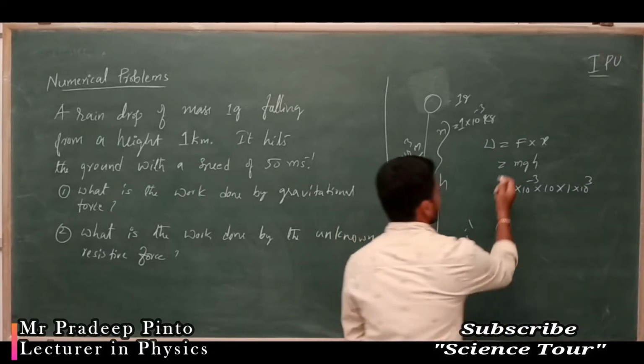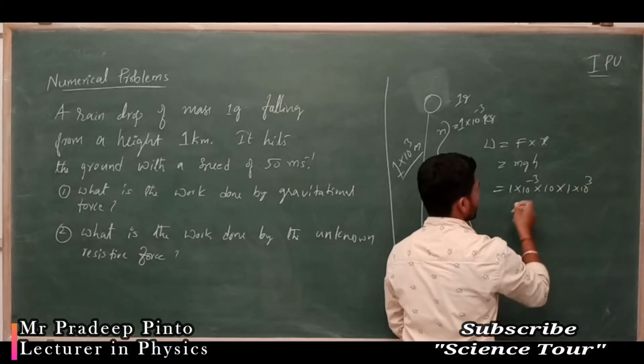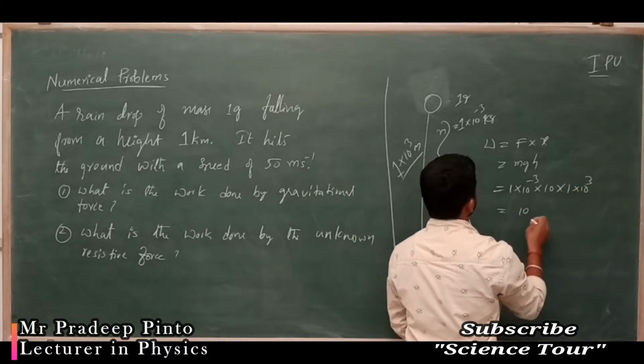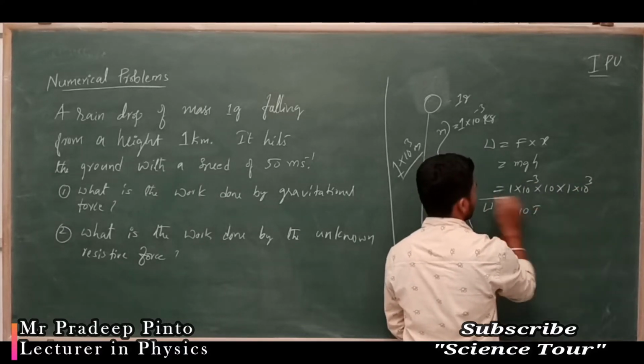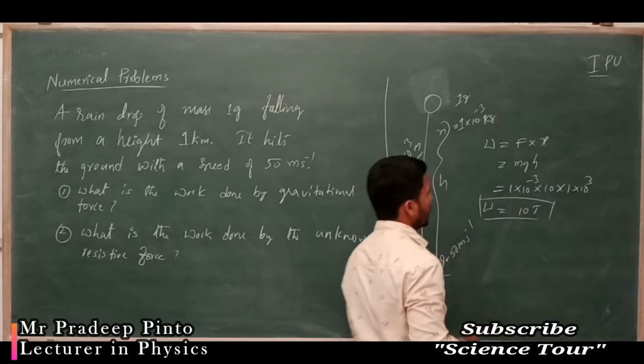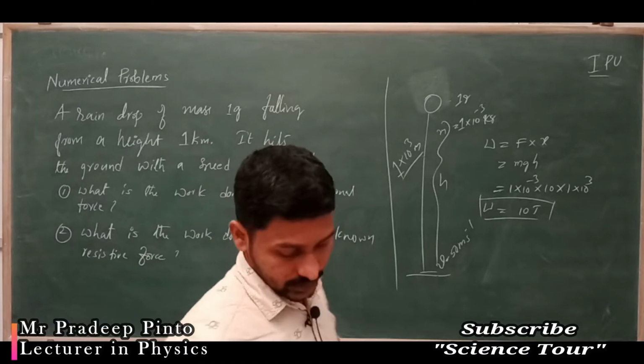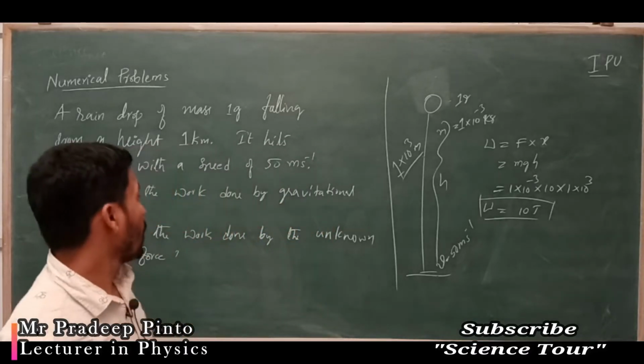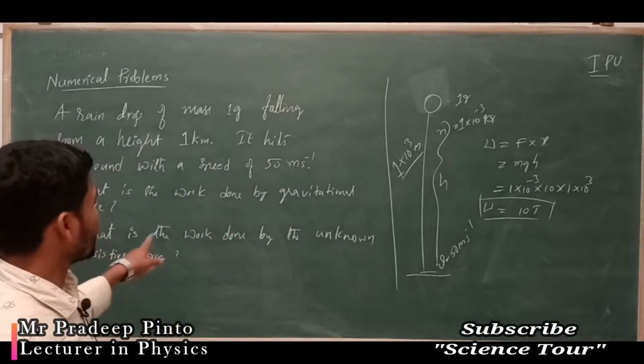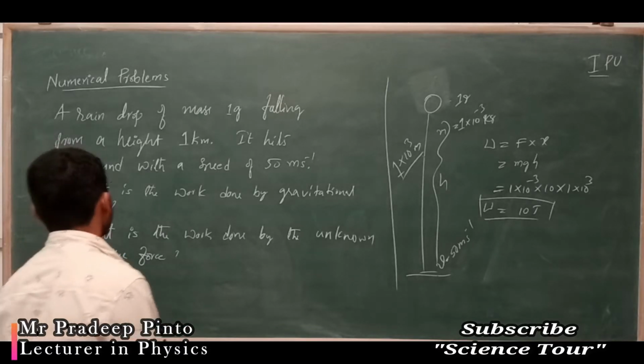So 10 to the power 3 and minus 3 cancel, and we get 10 joules. That is the work done by the gravitational force.